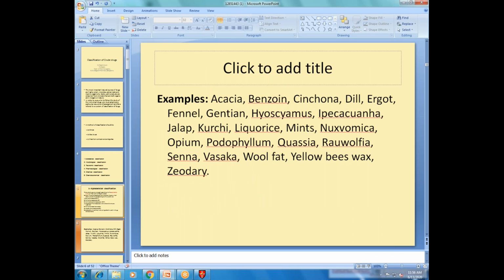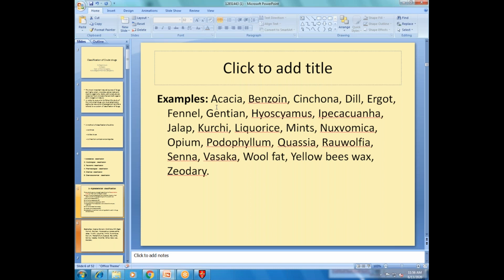Some examples: I know you don't know these names of the drugs, but later when you start studying, at least you should know the order. Whichever drug you study, you can go A, acacia; B, benzoin; C, cinchona; D, dill; E, ergot; F, fennel; G, gentian; H, hyoscyamus; I, ipecacuana; J, jalap; K, kurchi; L, licorice; probably for H, honey.